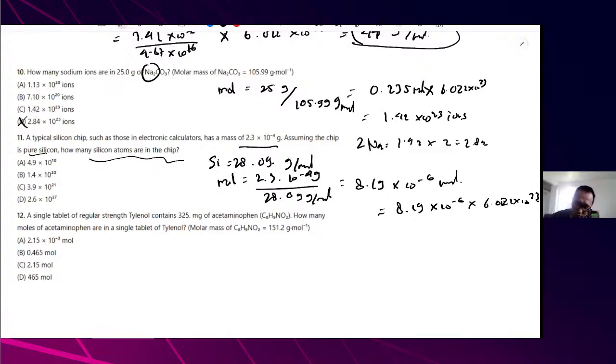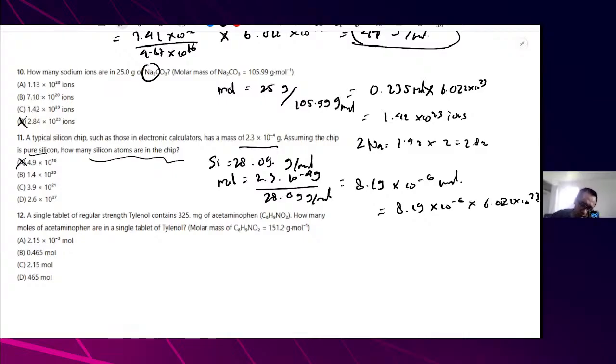Okay, 17. Yes, 17. So it will be this one, A. Okay, so it's like this way.